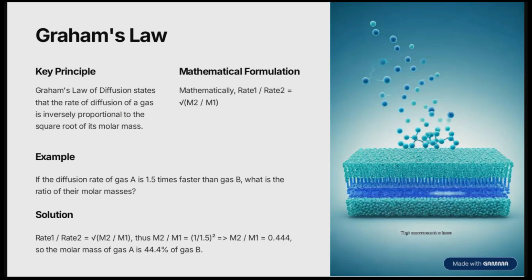In some places you might see R1 over R2 equal to root M2 over root M1. So take note of this formula: R1 over R2 is equal to the square root of M2 over M1.